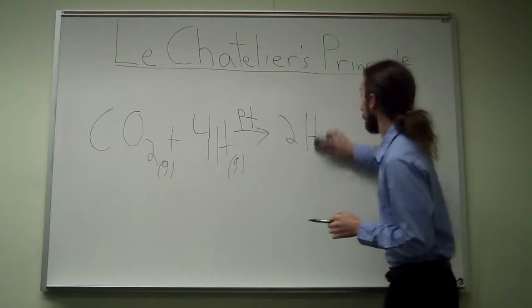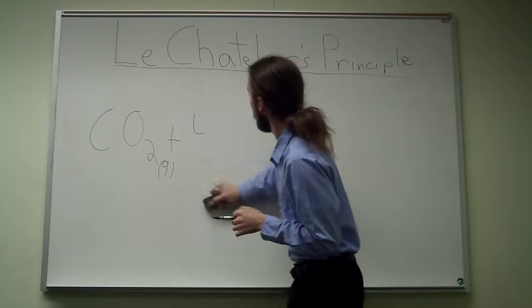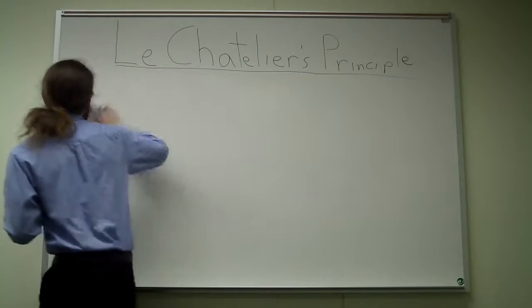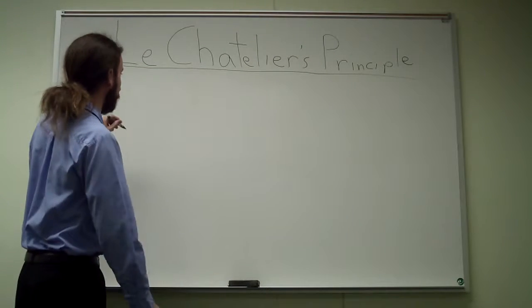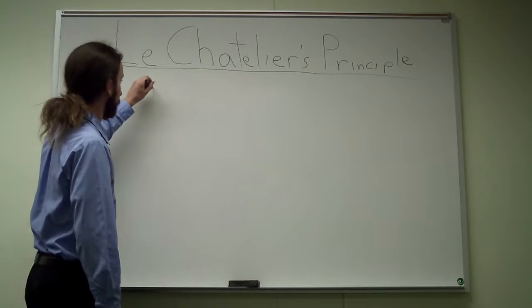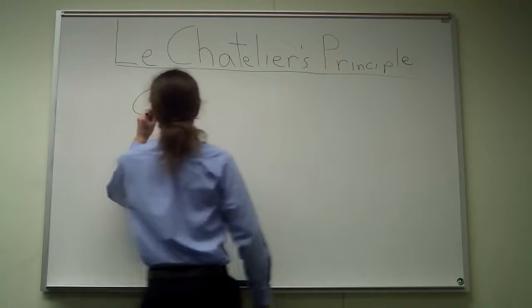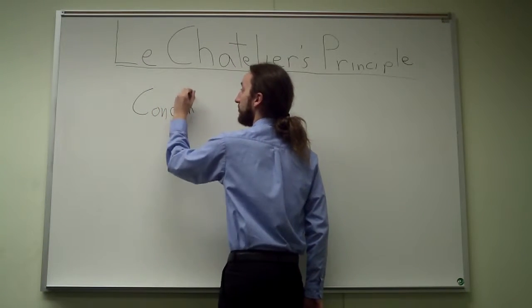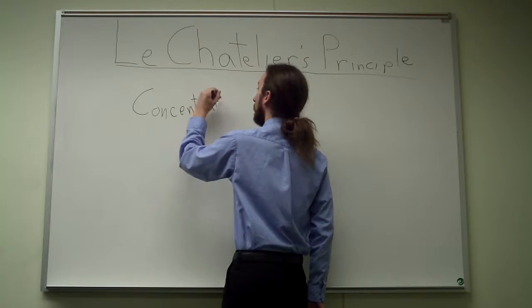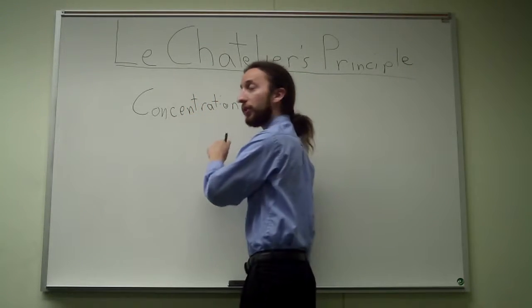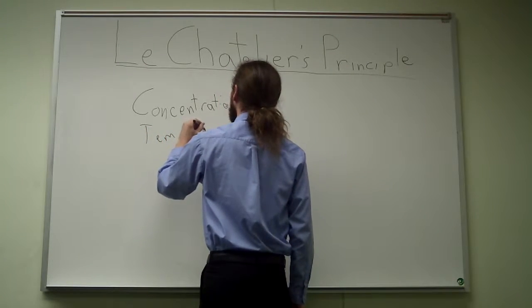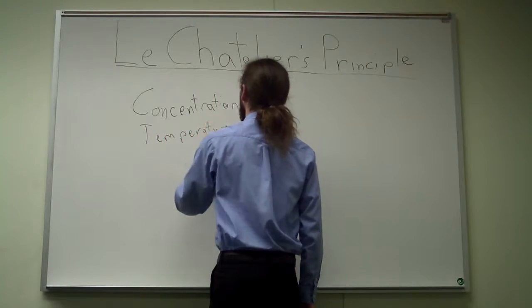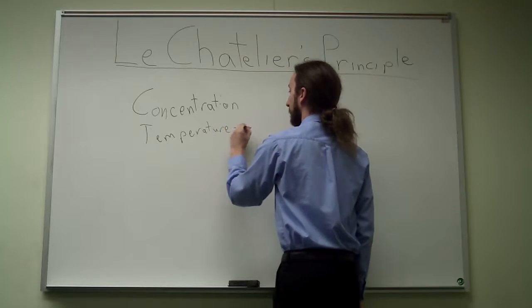So, to review, 4 primary variables to watch out for when you're dealing with Le Chatelier's principle. You have changes in concentration. Try to stay on this side so you can see better. Changes in concentration, changes in temperature, and remember, what does that mean?